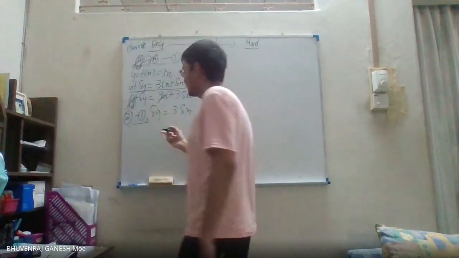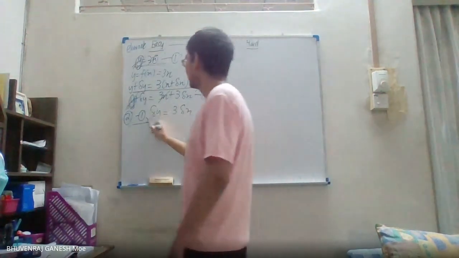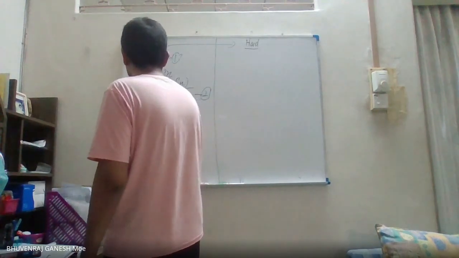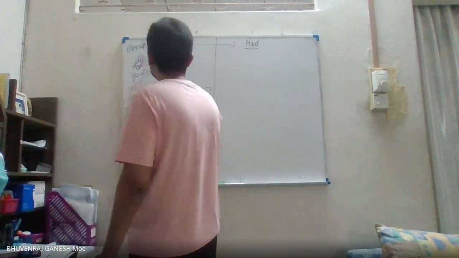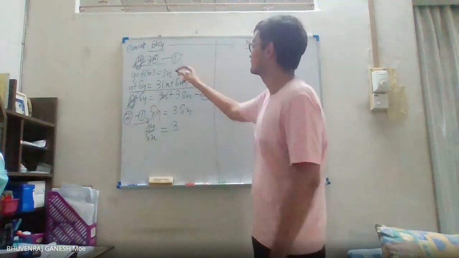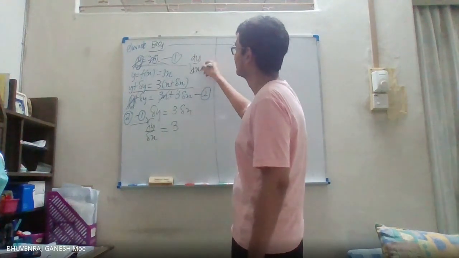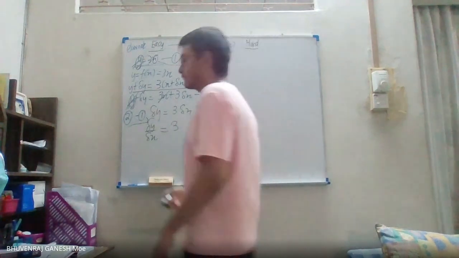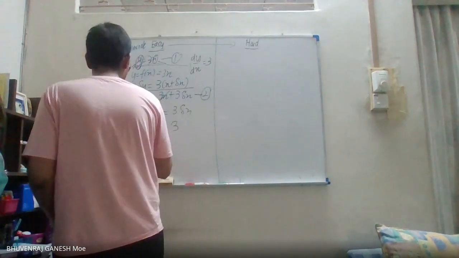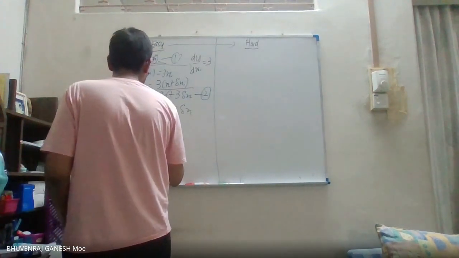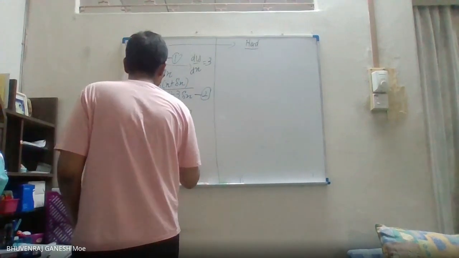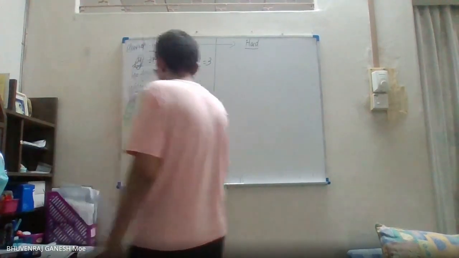From here directly we can already find delta y over delta x is 3. And from this relationship, we also know dy over dx is 3. So that's why we came up with a formula that dy over dx is equivalent to delta y over delta x. You always use this symbol here.